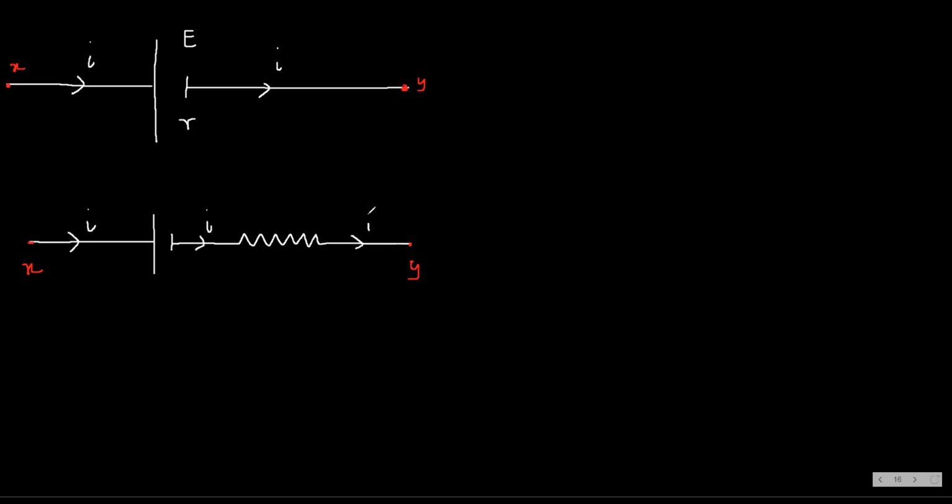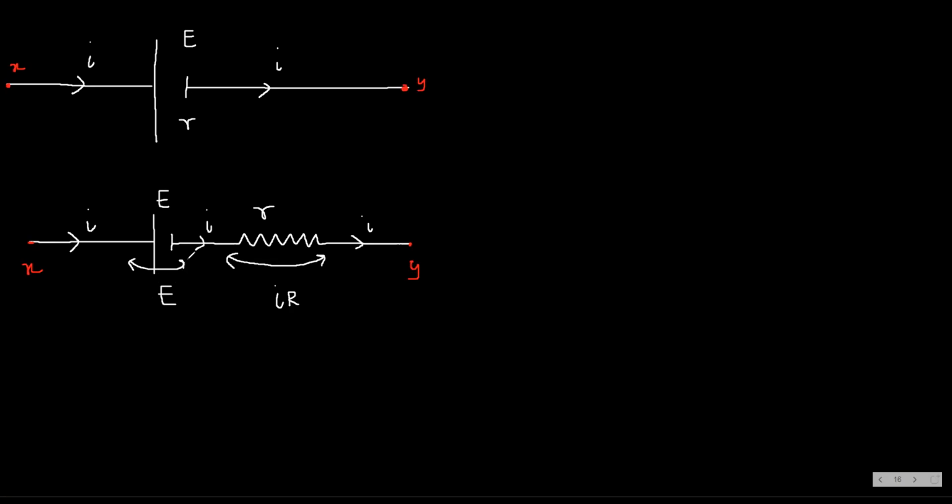This value is R, and this one is simple E. What is the voltage difference across a simple R resistor? IR. And voltage across this one? E plus IR.